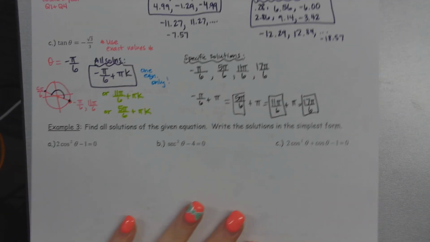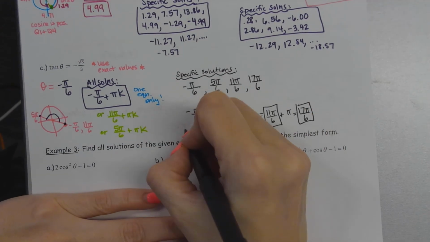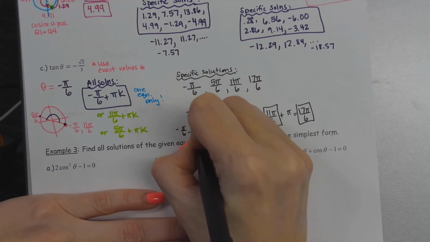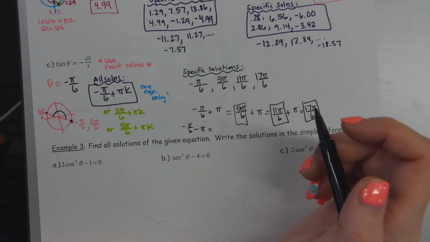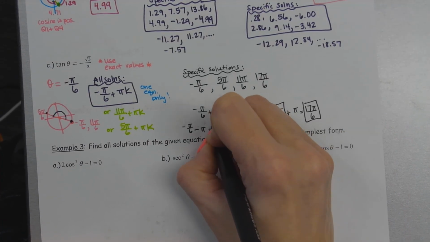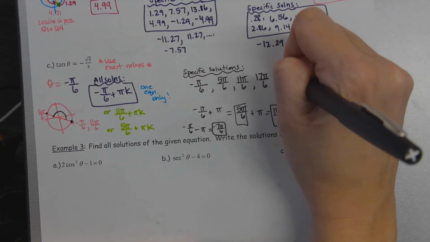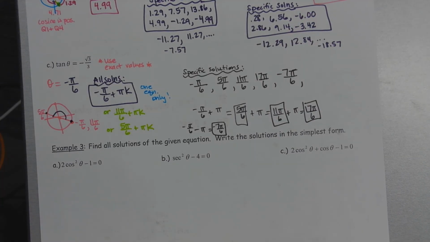Again, start with the first one. Okay, so you could do negative pi over 6 minus pi. That would give you what? Yep. Okay, you could do that again.